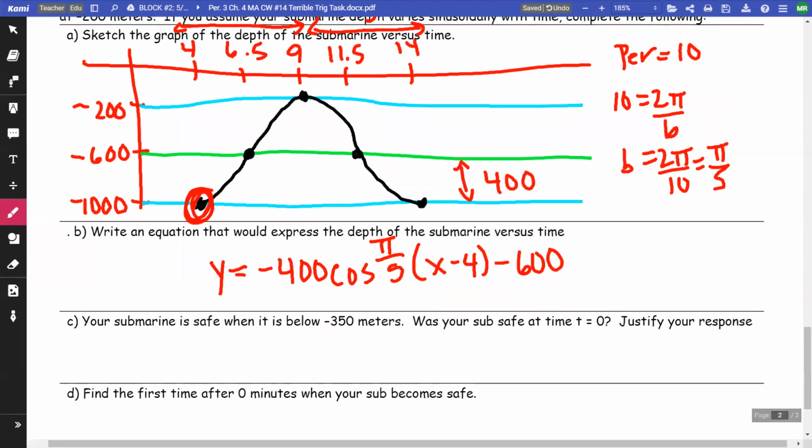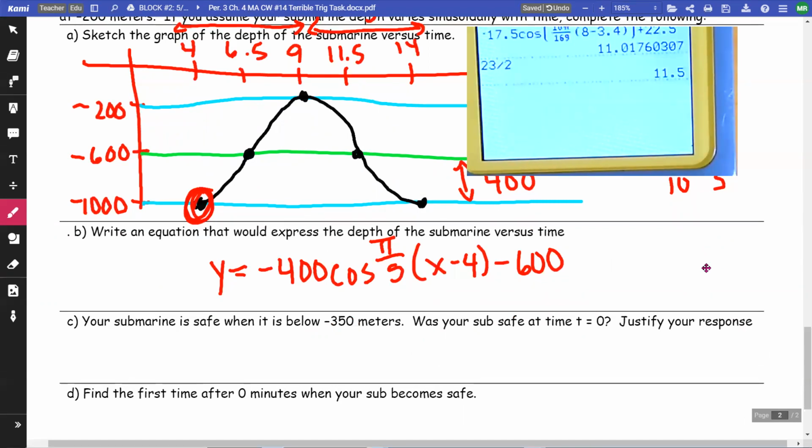Then it says your submarine is safe when it is below negative 350 feet. Was your sub safe at t equal 0? So we're going to put this into our graphing calculator. Okay, let me put in this equation.